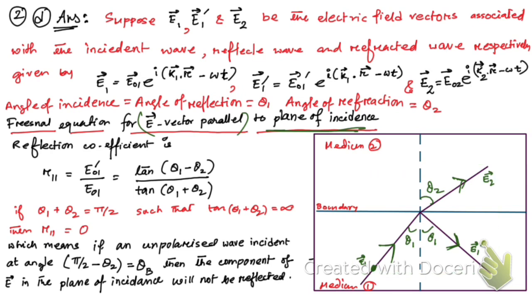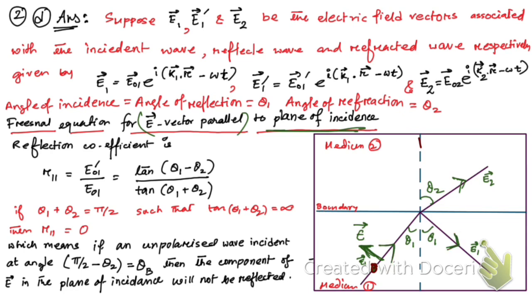And if we consider the component of the electric field vector which is on the plane of incidence, or parallel to it, now if I draw this way only a dot, that means it is perpendicular to this plane. Plane of incidence doesn't mean this boundary which is separating the two media. Plane of incidence means the plane on which these three waves and the normal lie.